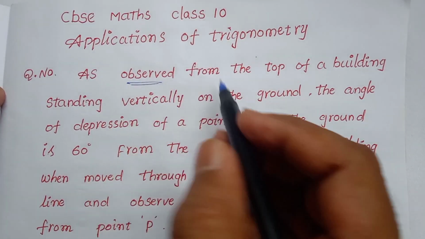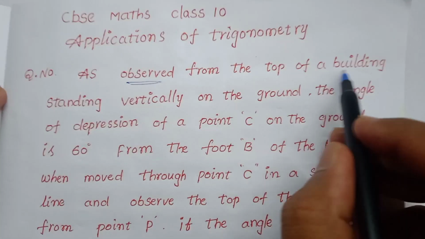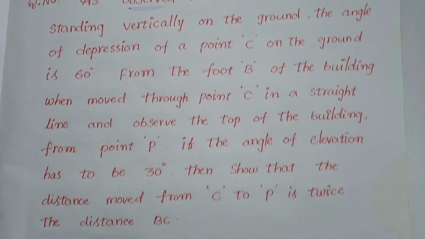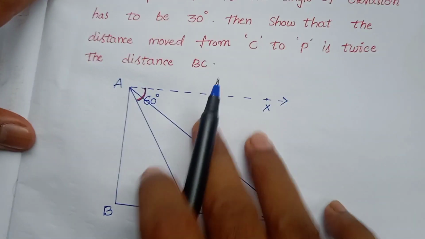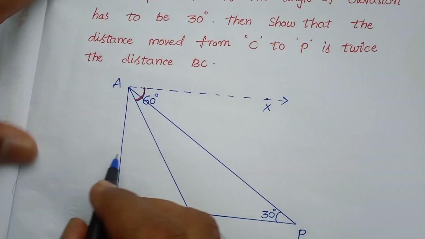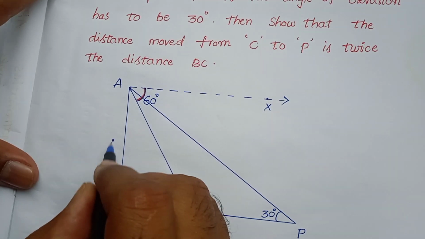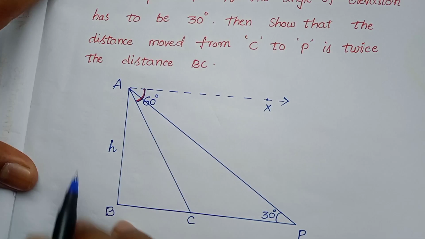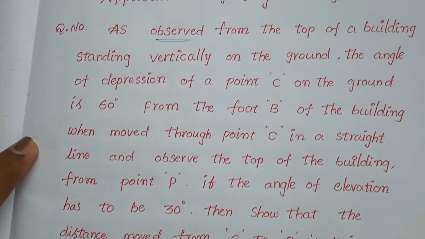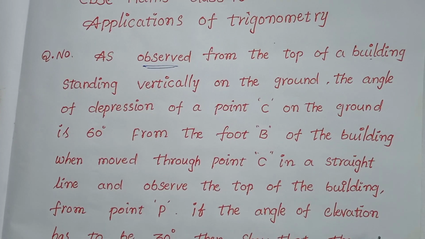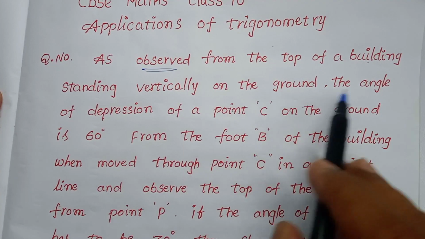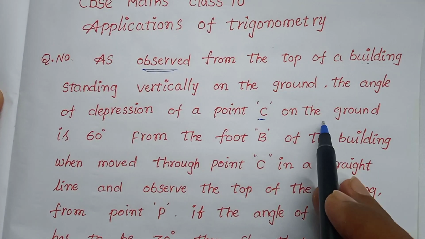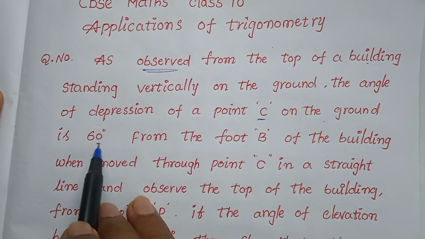As observed, an observer observed from the top of a building standing vertically on the ground. See the building here. AB is the building. Let the height of this building be h. From the top of this building, an observer observed a point C on the ground, and the angle of depression is 60 degrees.